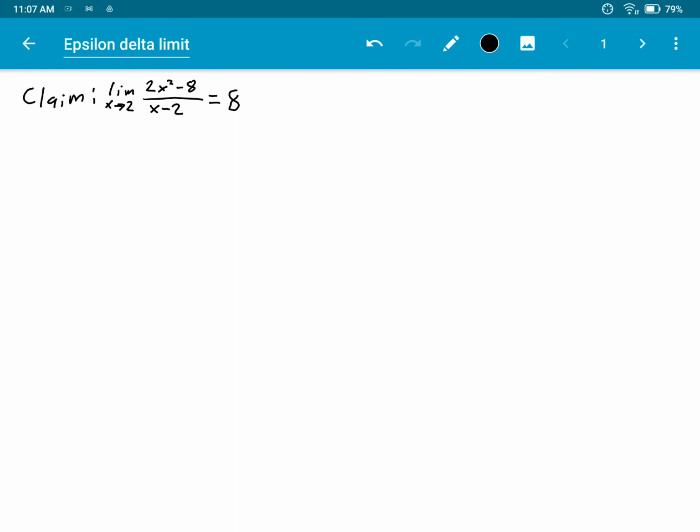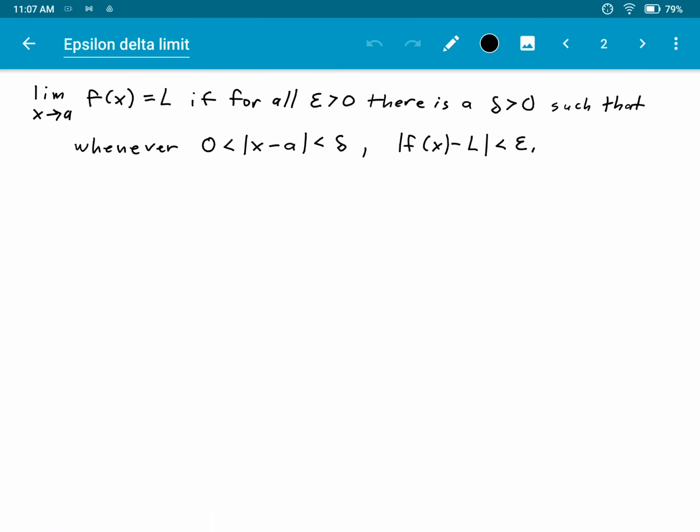To do that, we are going to first have to remember the definition of a limit. And to prove this, we need the technical definition that involves epsilons and deltas. So the definition of a limit says that the limit as x approaches a of f of x is equal to L if for all epsilon greater than 0, so every single number bigger than 0, there is some delta, a different delta for each number probably, greater than 0, such that whenever 0 is less than the absolute value of x minus a, which is less than delta, another way to say that is when x is not equal to a, but x is within delta of a.